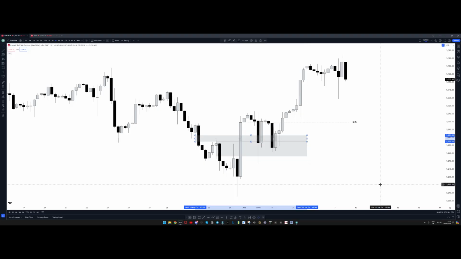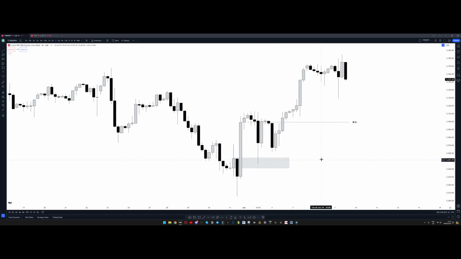There is one on a lower time frame. It's here. That's why price reacted here, because fractally, this is the breaker, and that's why we had this reaction off this wick.